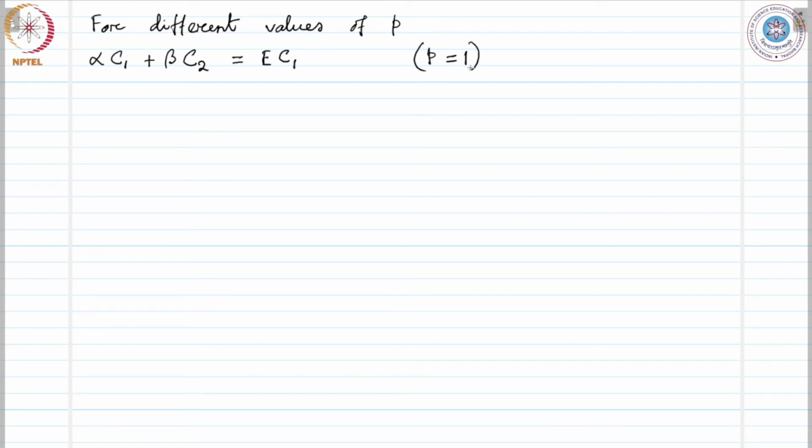For P equals 2, we have beta C1 plus alpha C2 plus beta C3 equals E C2.